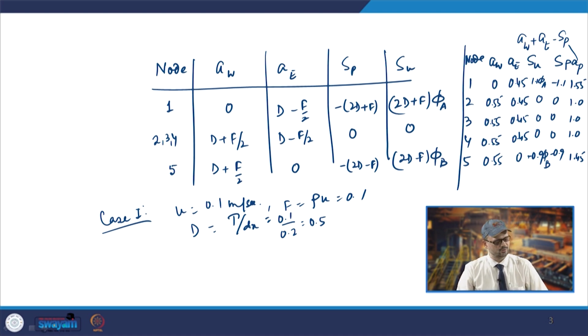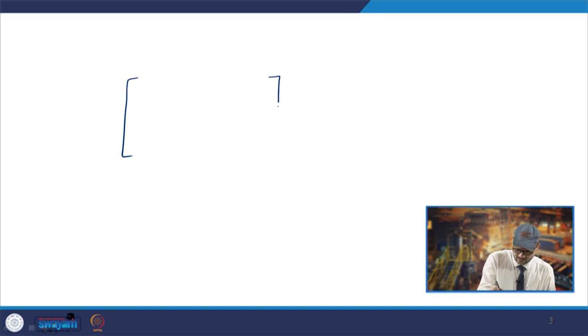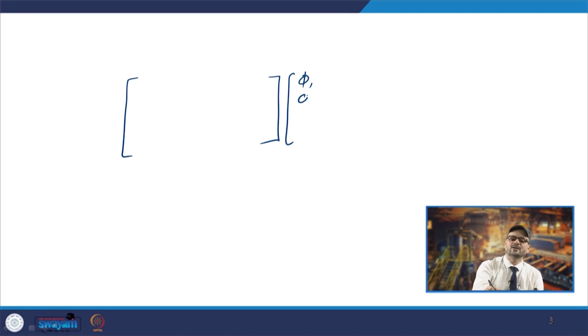Now, this leads to the formation of a matrix, which has all these values, and that will be multiplied with phi 1, phi 2, phi 3, phi 4 and phi 5.